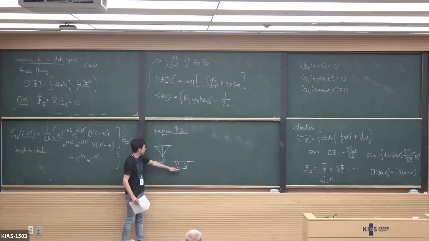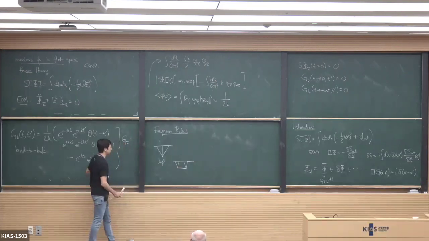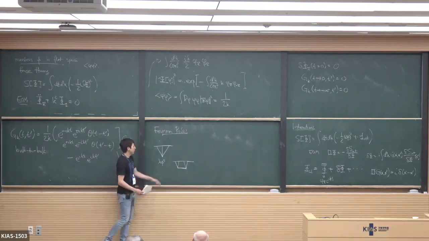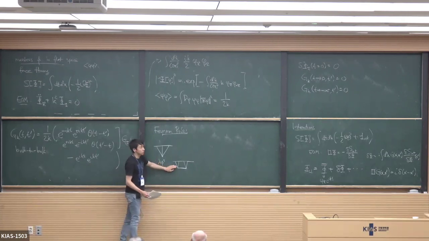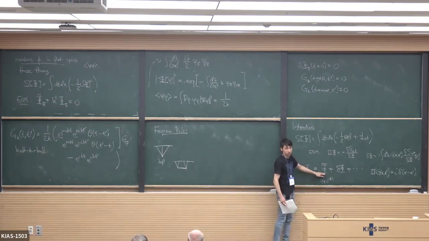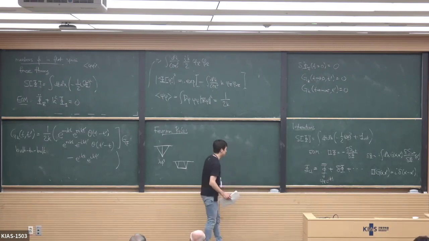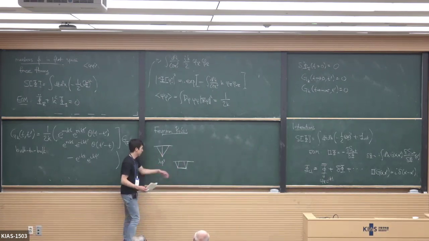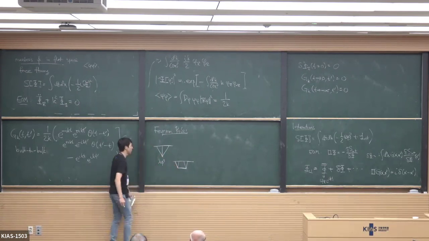This is the propagator that we're using for the internal lines. For the external lines, we are basically using the free solution that we obtained before with this e to the ikt. That will take us through these external lines.